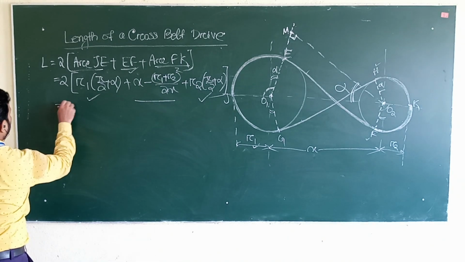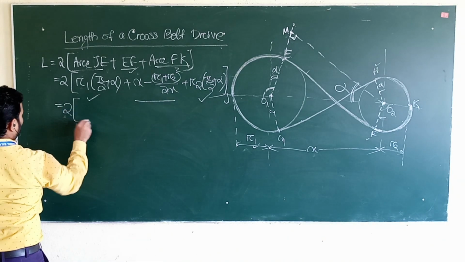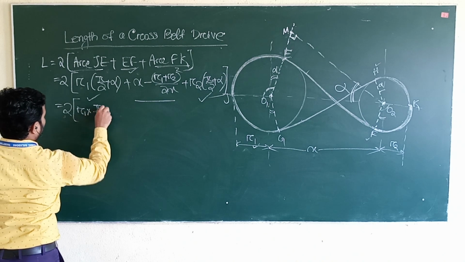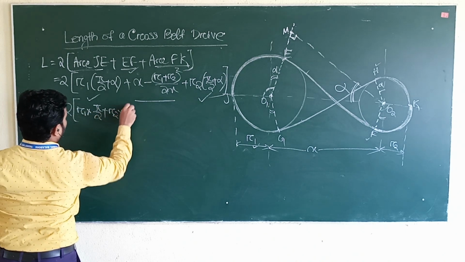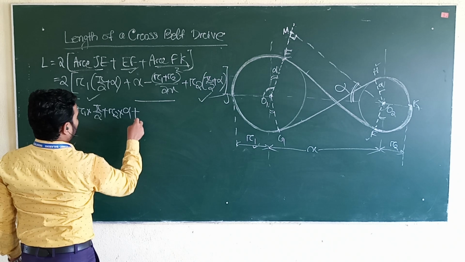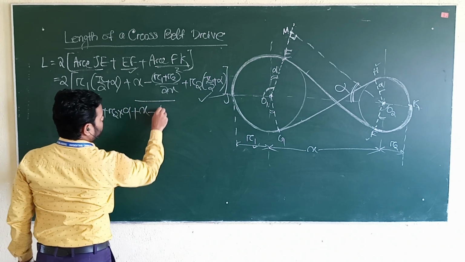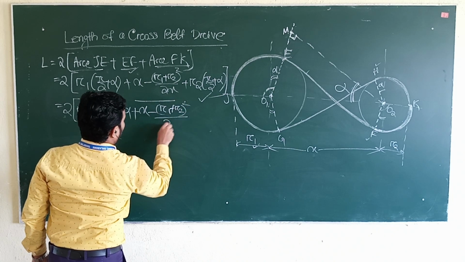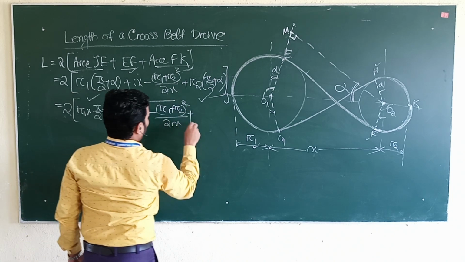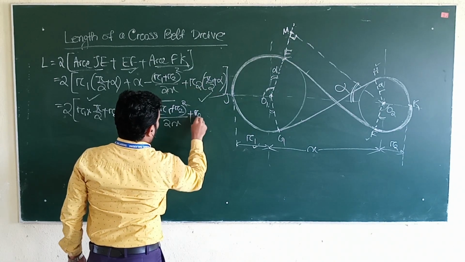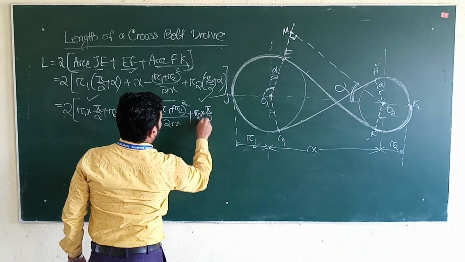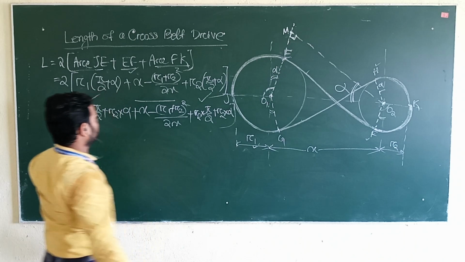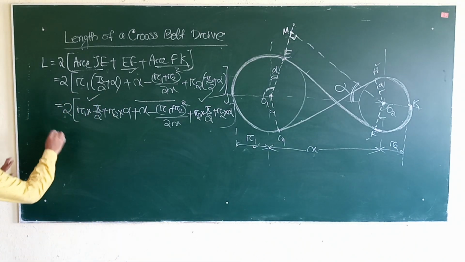In the next step, we get 2 times the bracket of R1 into pi by 2 plus R1 into alpha, plus x minus (R1 plus R2) square by 2x, plus R2 into pi by 2 plus R2 into alpha. This is the total equation.